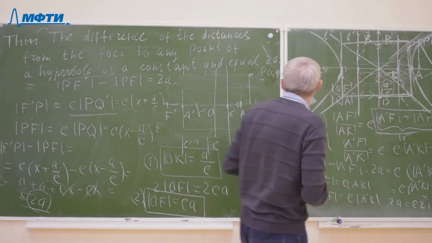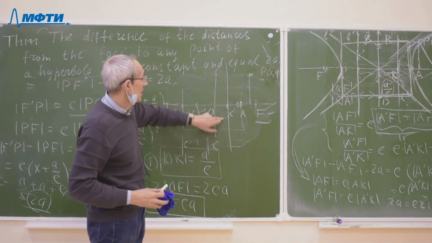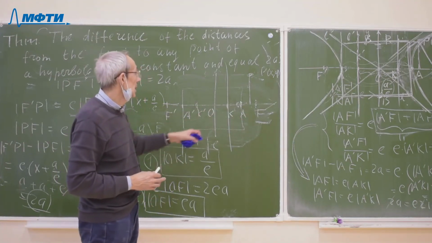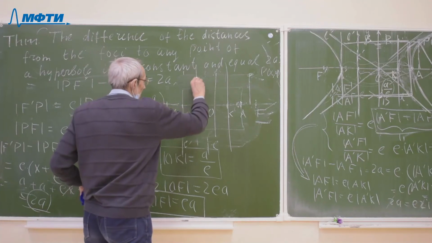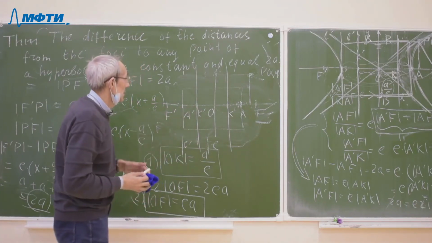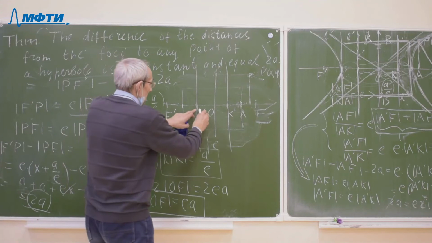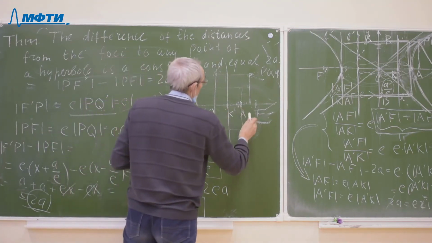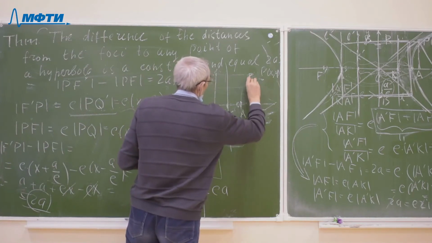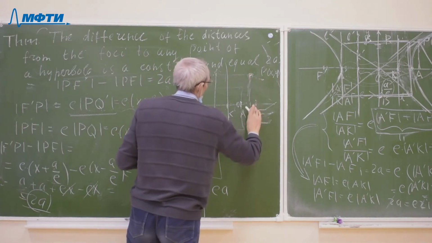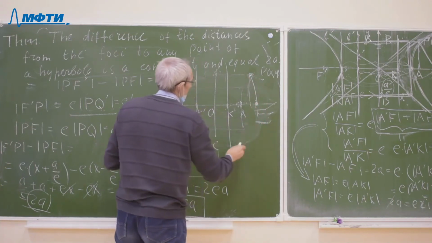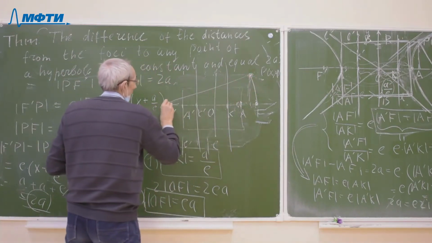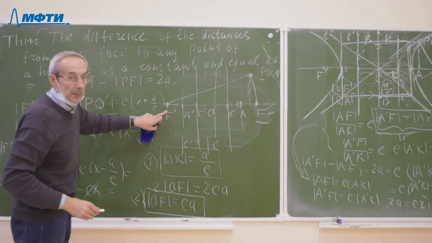Point K is the point of intersection of the directrix with axis OX, and K prime is also the point of intersection of the symmetric directrix. And we have two distances, PF and PF prime.